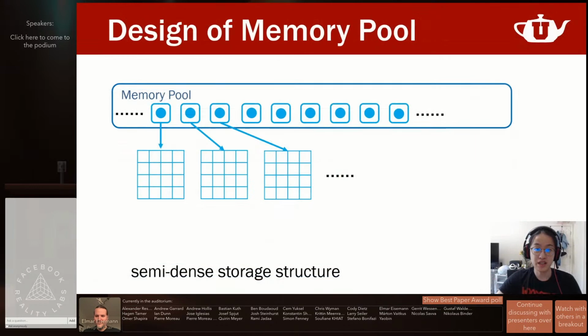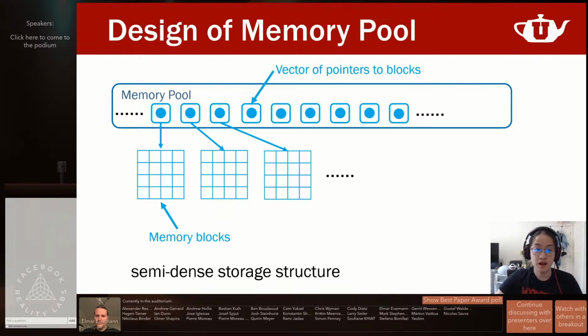Let's look into the implementation of the memory pool. The memory pool allows us to semi-densely store all the elements together. By elements, I mean vertices, faces, edges, etc. The core structure of the memory pool is the vector containing pointers that point to memory blocks, which actually store the data.